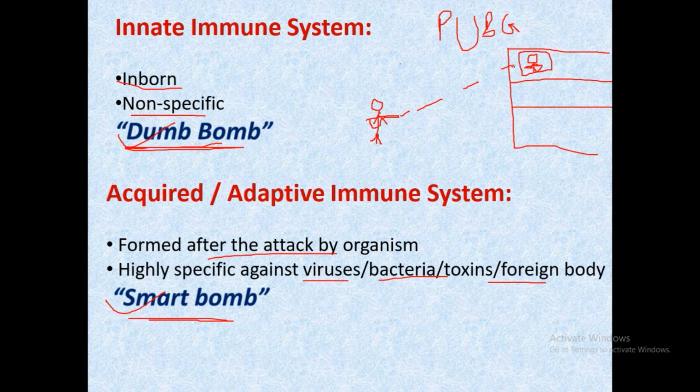So these are the dumb bombs, because you don't know where your bullets are going to hit, either the wall or your enemy. But in the next situation, if you have an 8x scope, you are going to hit your enemy with a headshot. So these are the smart bombs.